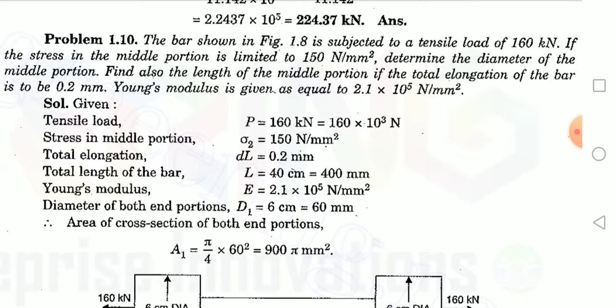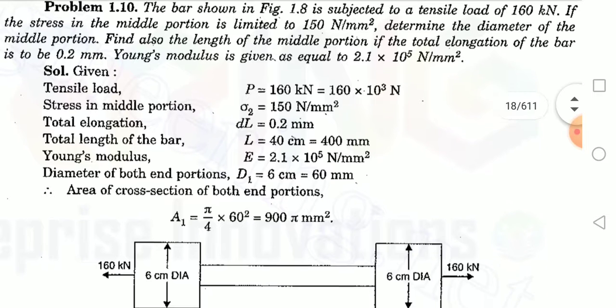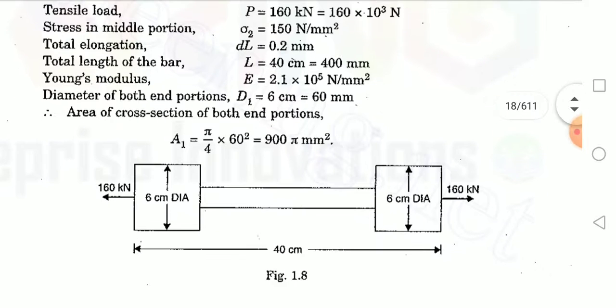So let us take the given data of this problem. The tensile load P equal to 160 kilonewton is acted at both the ends of the rod, and stress in middle portion sigma 2 is given as 150 Newton per millimeter squared. Total elongation del L equal to 0.2 mm.